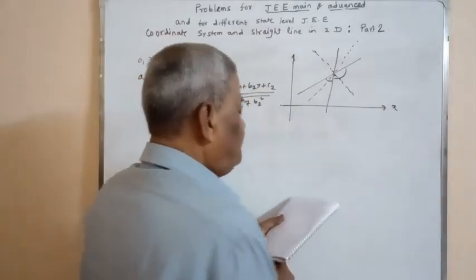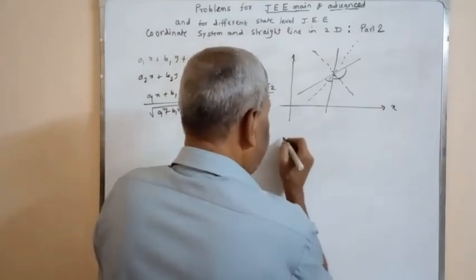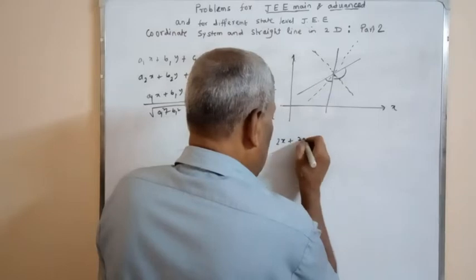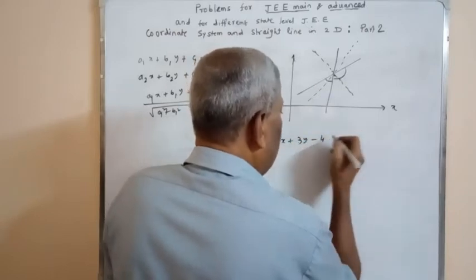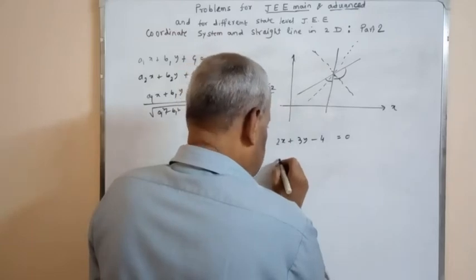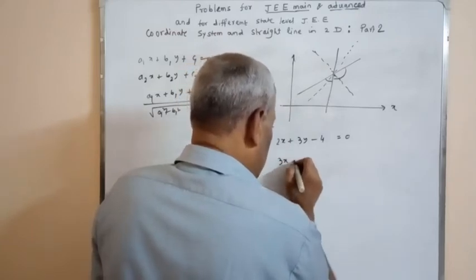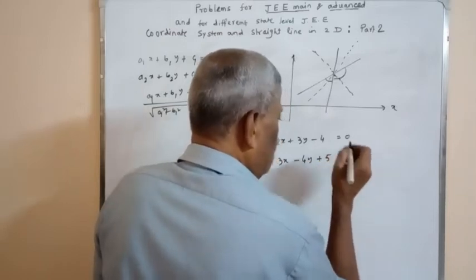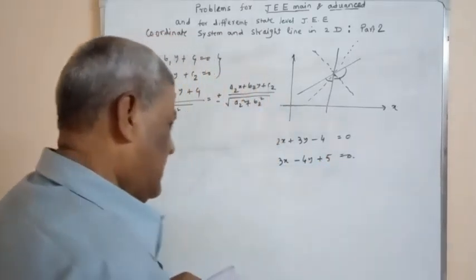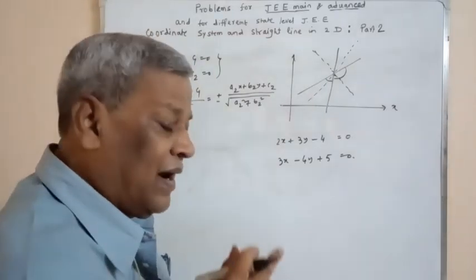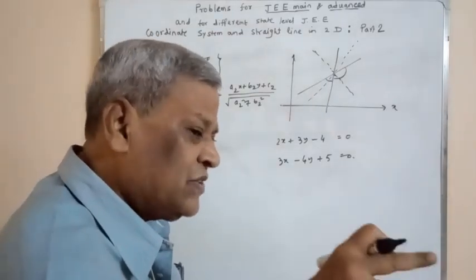Means, suppose 2x plus 3y minus 4 is equal to 0 is a straight line, and 3x minus 4y plus 5 is equal to 0 is another straight line. You have to find the equation of the bisector of the angle which contains the origin.